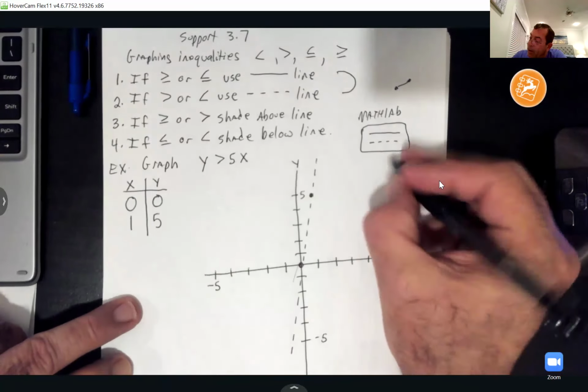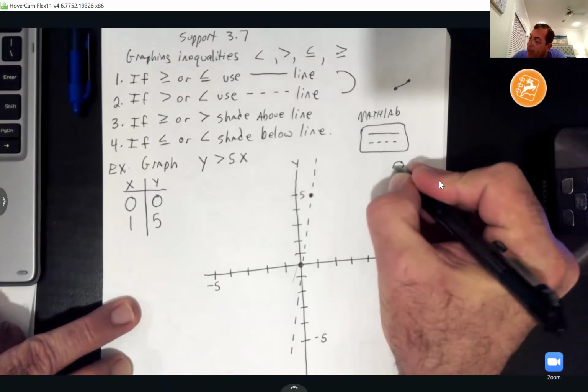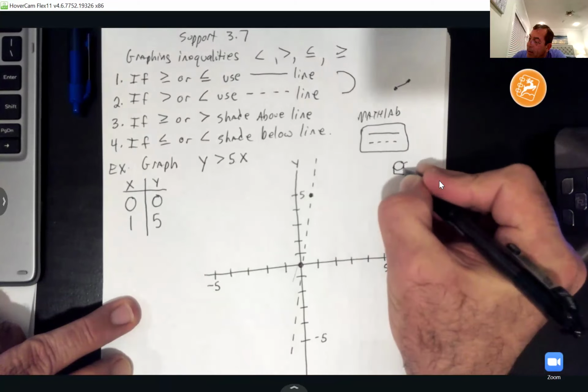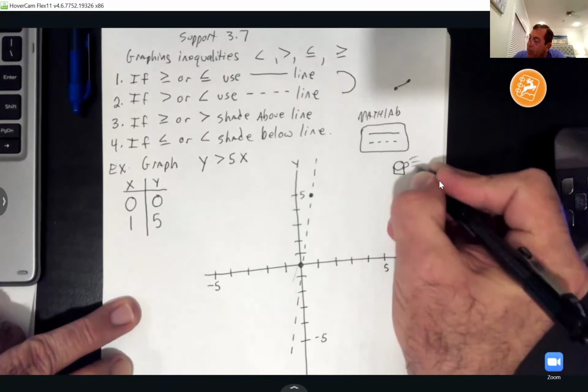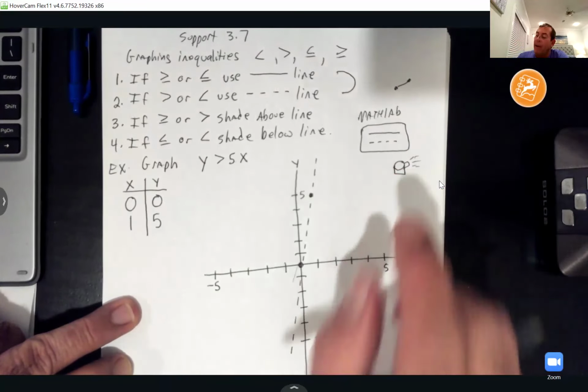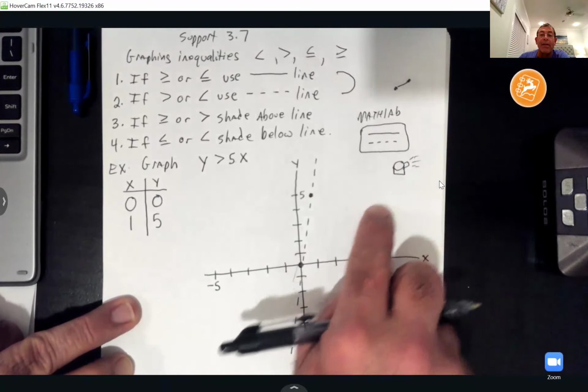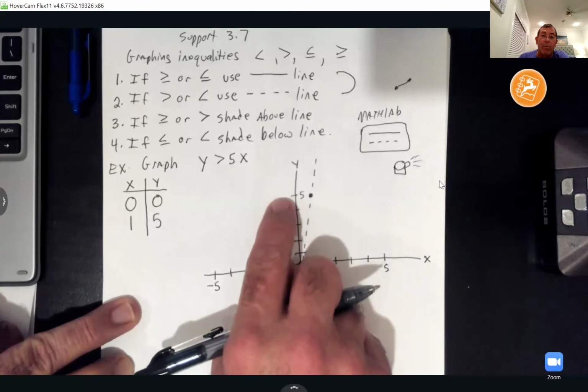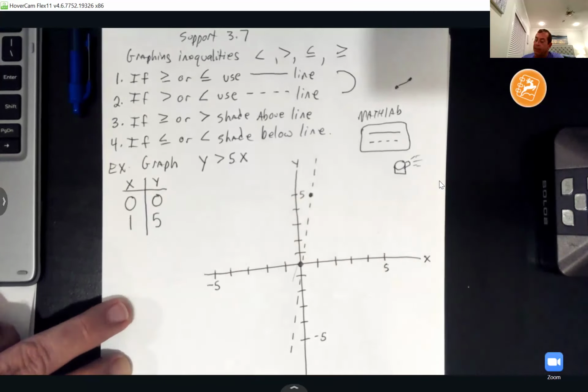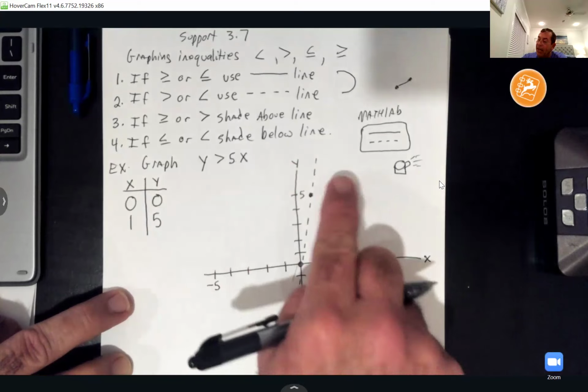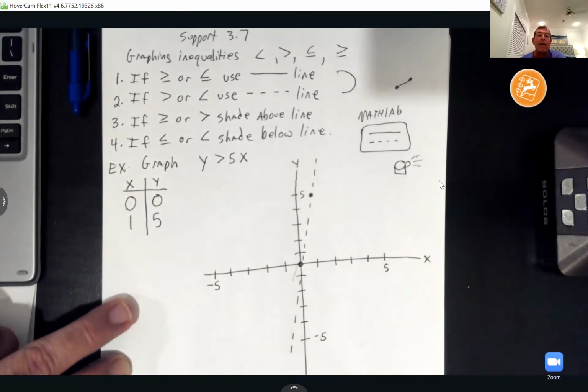And then over here in MathLab to shade it, it has like a little paint can thingy. So when you shade it, you highlight the paint can and drag it either below or above your line. So remember, this is above the line on the left. This is below the line on the right.